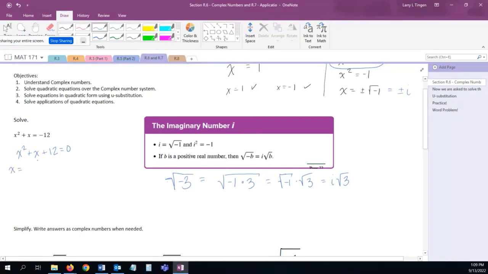The quadratic formula says x is equal to the opposite of b plus or minus the square root of b squared minus 4ac, all divided by 2a. And what am I going to run into? I'm going to get 1 minus 4 times 1 times 12, which is 48.